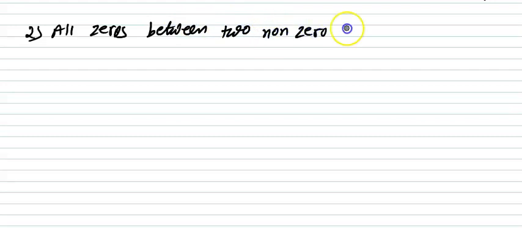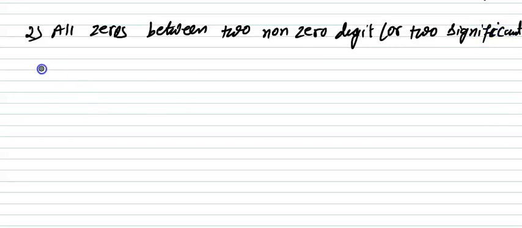All zeros between two non-zero digits, or in brackets we can write between two significant digits, are significant.